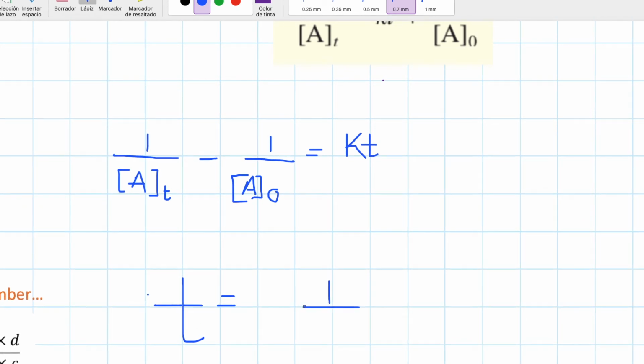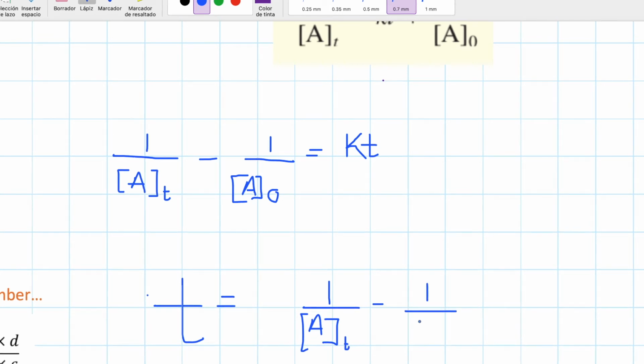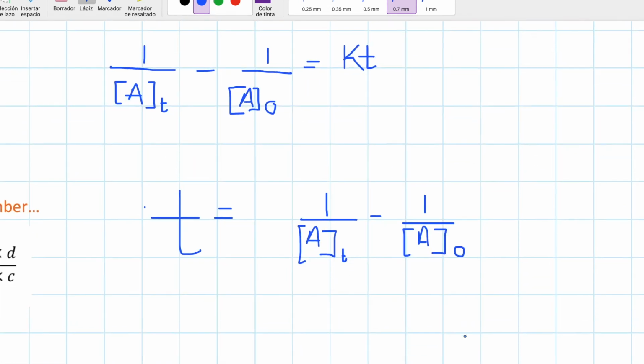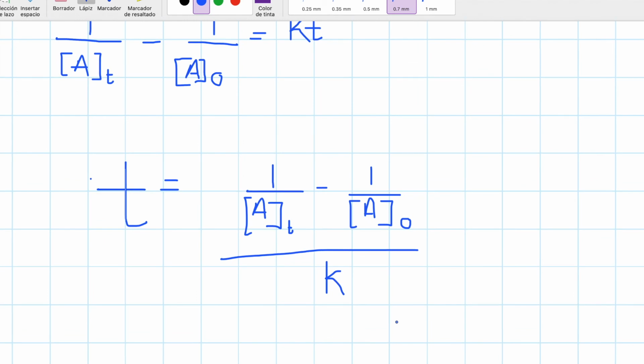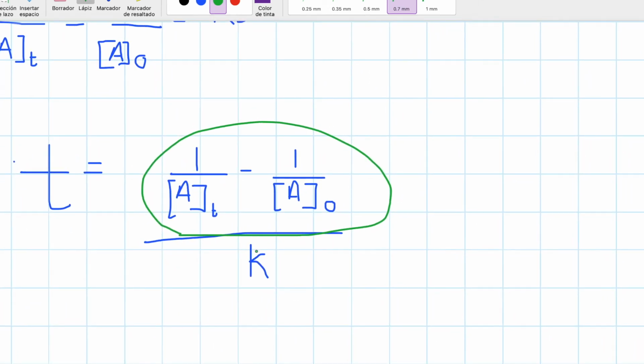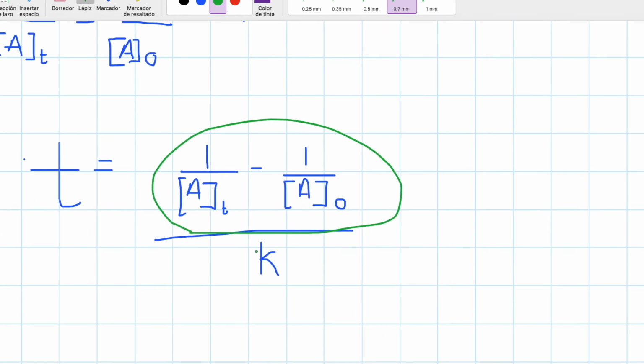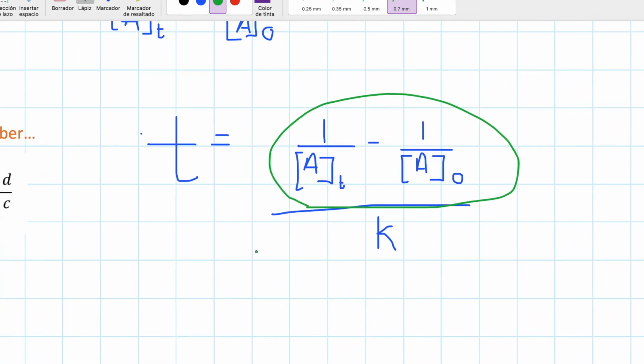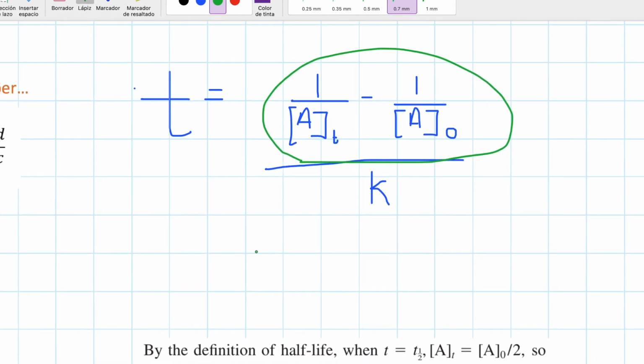Everything good so far? Okay, so let's go ahead and solve for T. T would equal 1 over the current concentration minus 1 over the initial concentration, and these will be all over K. So right now we have solved for T. But we want to simplify our numerator because we want to make our life easier.